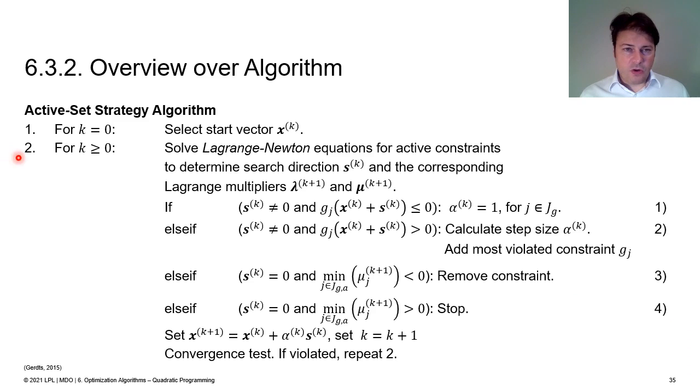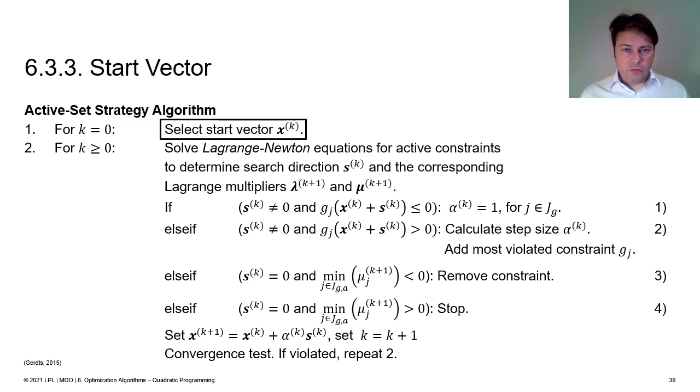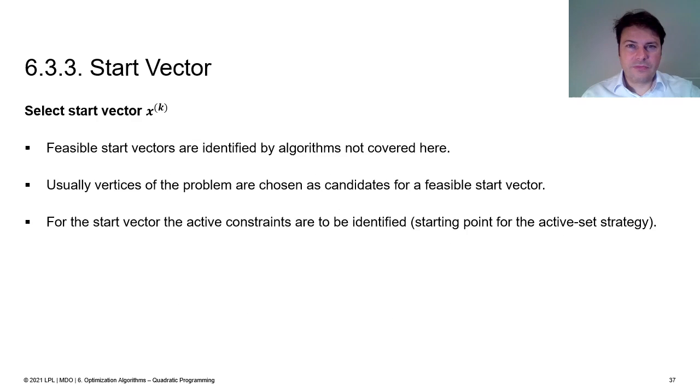So this is the overview over the quadratic programming algorithm that relies on an active set strategy. And we start by looking at how to select a start vector.